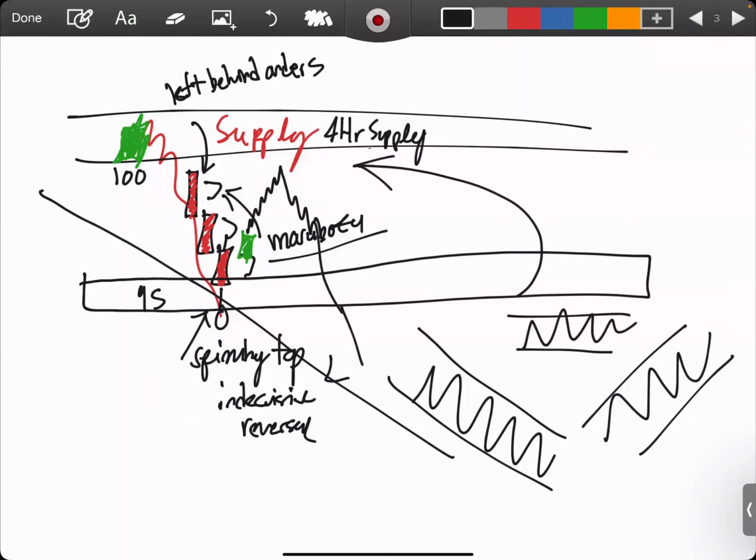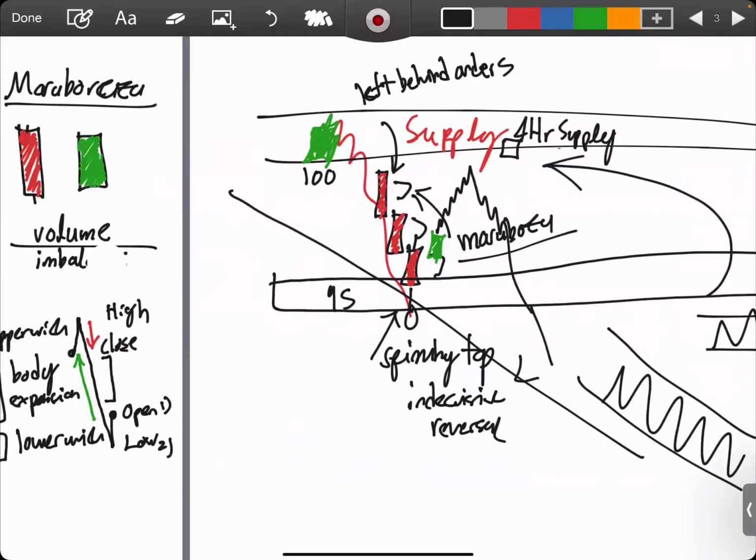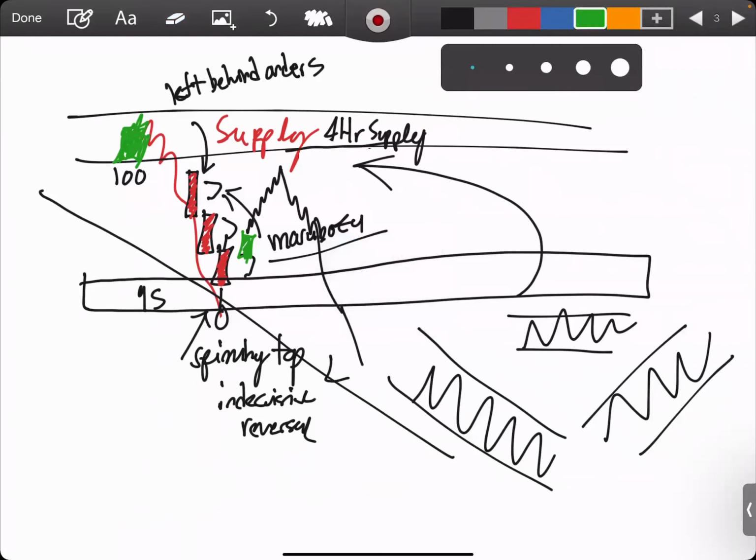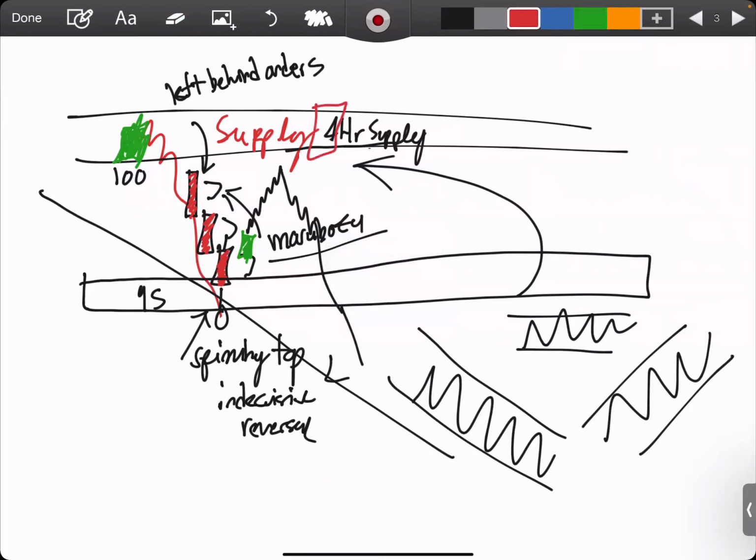What we can do is wait for price to sweep liquidity from buy stop orders within this expansive range, tap into this Marubozu order block, set our risk above supply, and our reward targeting the previous low for the next lower low, okay?